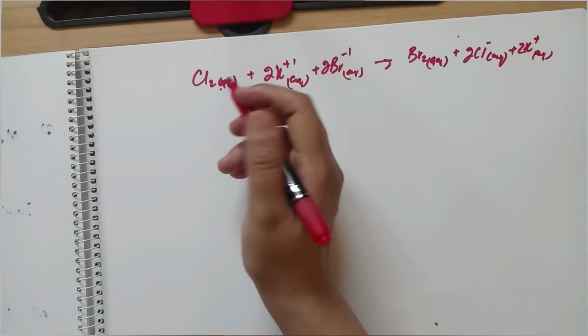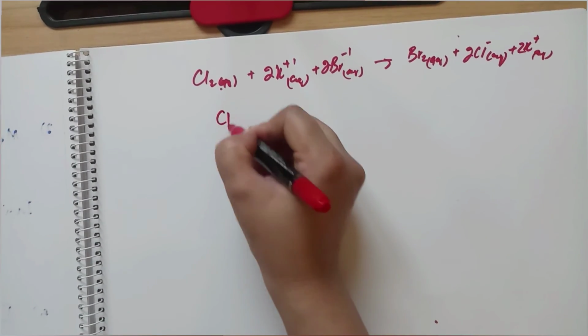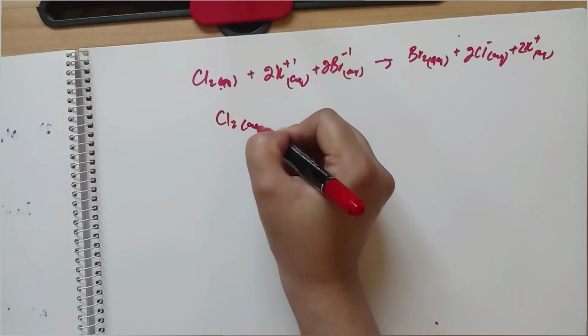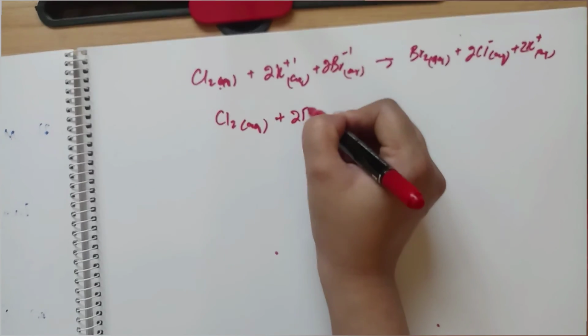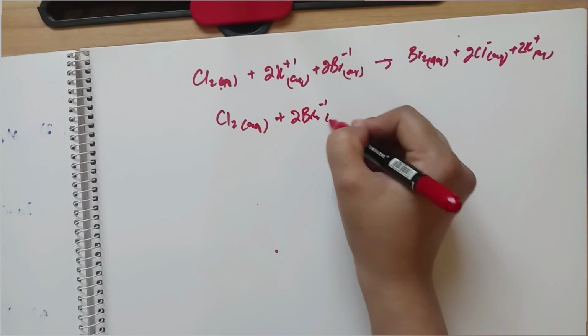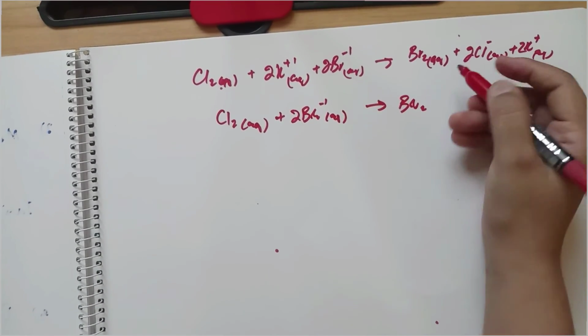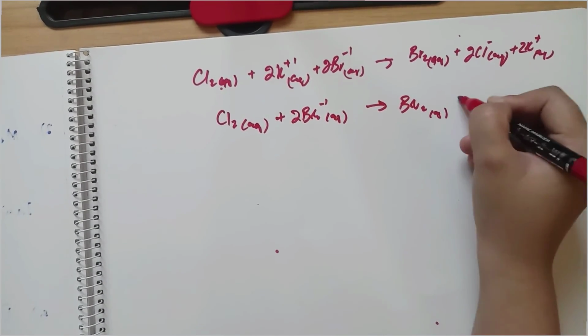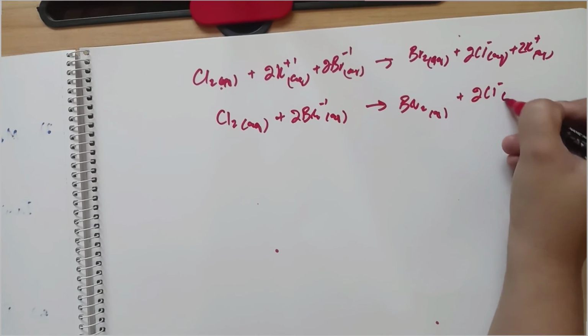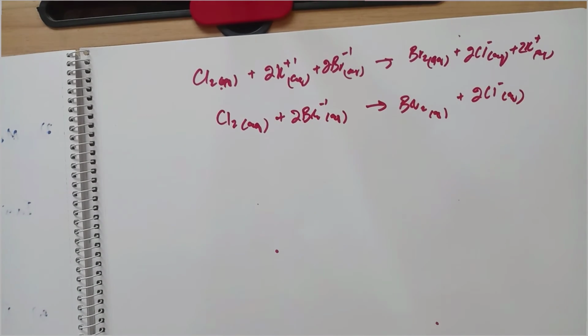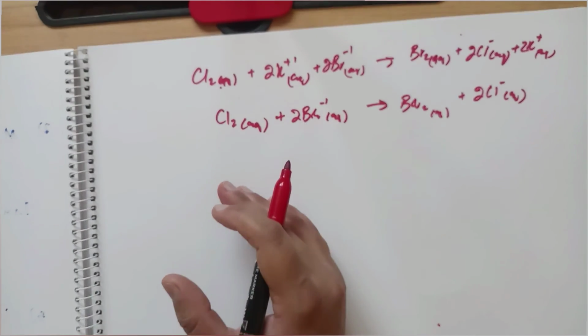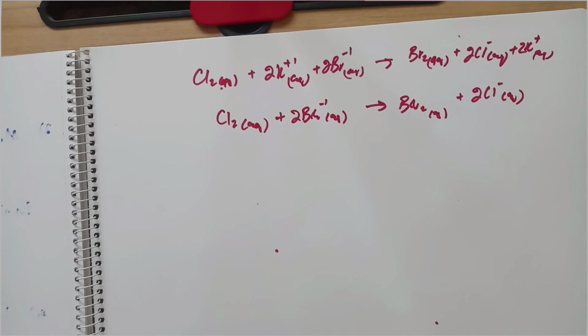And again cancel out the similar ions, we get the final equation: chlorine in an aqueous solution plus bromide ion in an aqueous solution gives us bromine in aqueous and chloride in aqueous. And again it is clear that it is a redox reaction because electron transfer from bromine to chlorine, and again the chlorine is reduced and bromine is oxidized due to the loss of electrons. Is it clear?